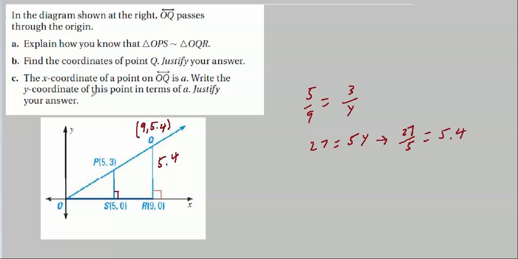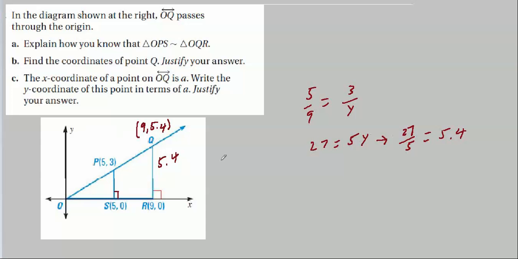And for the last one, that's going to be fairly easy. If we think of the x-coordinate as a, write the y-coordinate, well, gee whiz, that's kind of like the equation of a line, isn't it? And what's the rise over the run here, which will give us our slope? 3 over 5, and that's the slope for this line here.